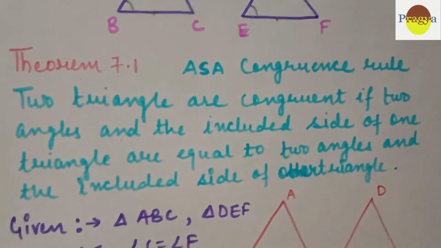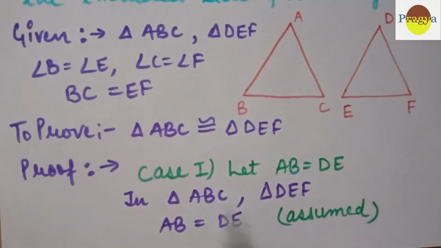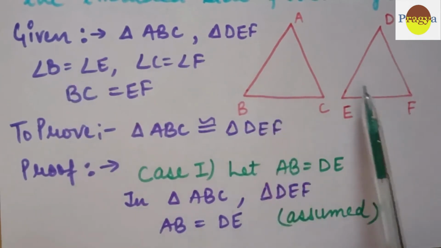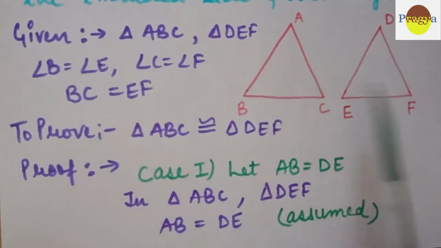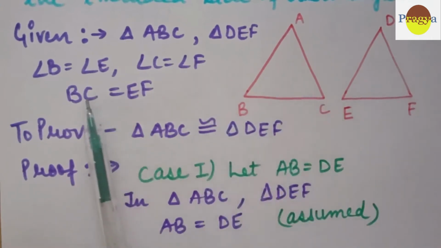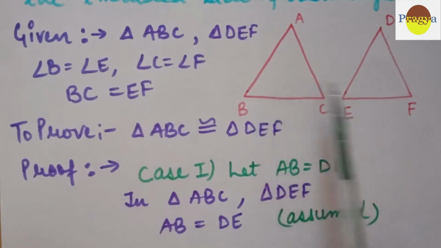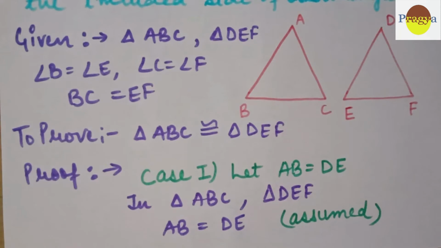So what is given in this diagram? In these two triangles ABC and DEF, angle B is equal to angle E, angle C is equal to angle F, corresponding parts, remember, and BC is equal to EF. This is the side present between the two angles.